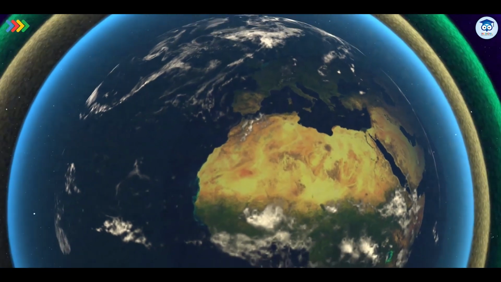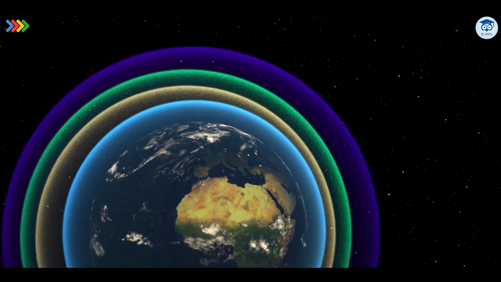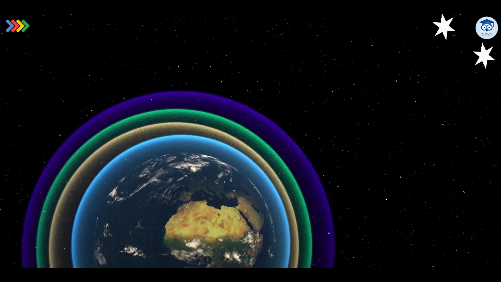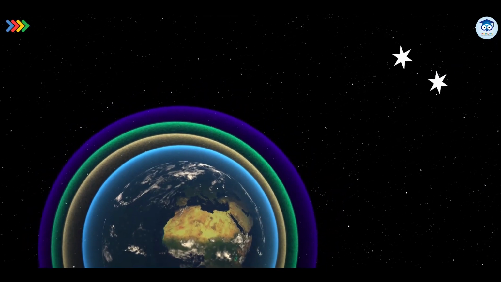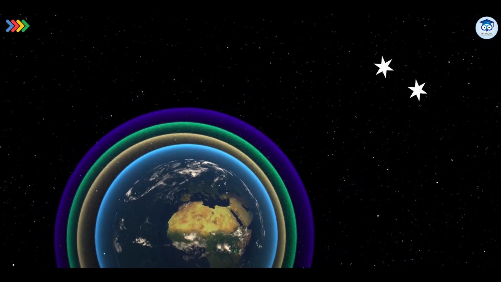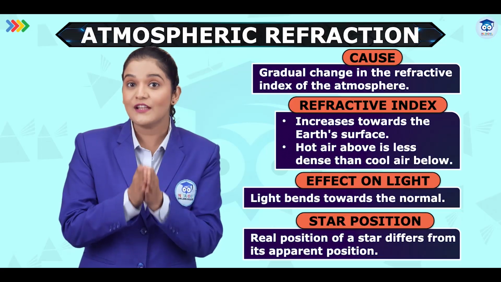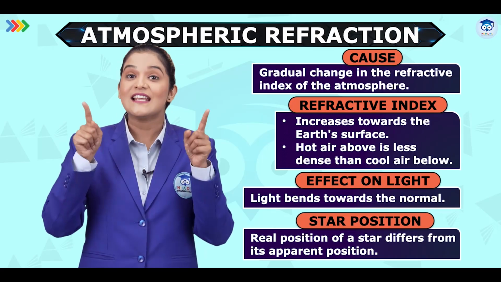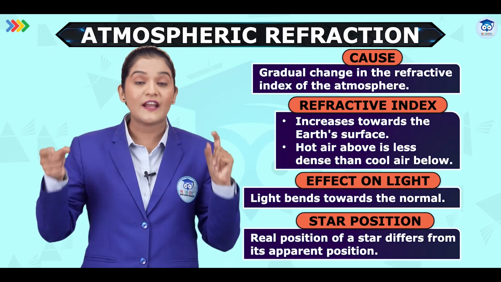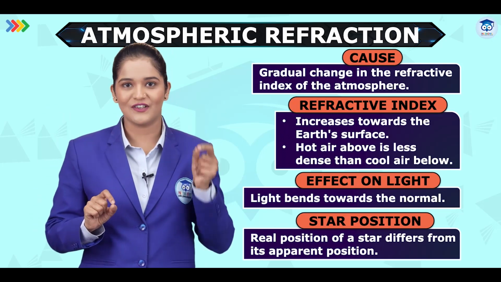Let us now understand the concept of refraction in the atmosphere, which explains why celestial objects like stars appear slightly displaced from their actual positions. The main cause of this phenomenon is the gradual change in the refractive index of the atmosphere.